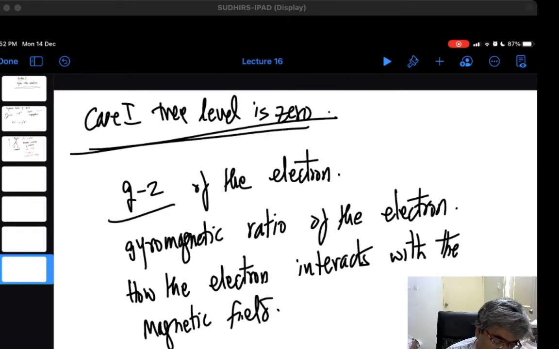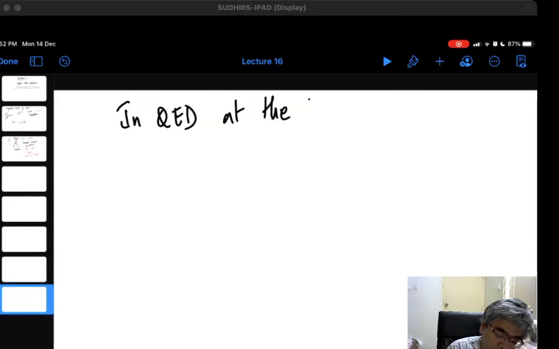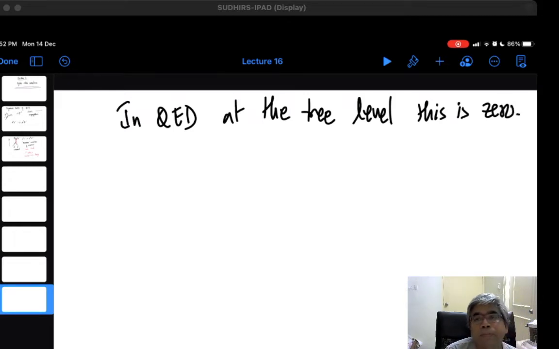In QED, this will appear as a correction to the vertex at the one loop level.